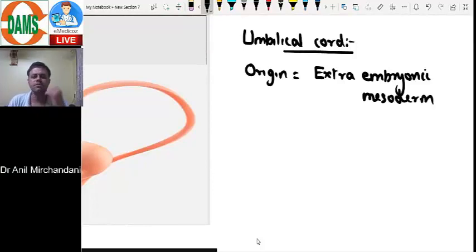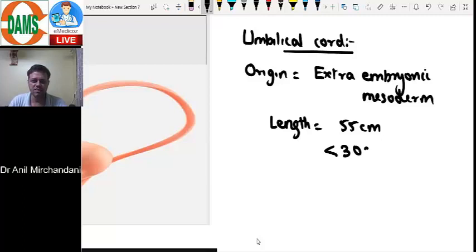It is the connecting stalk between the embryonic disc and the placenta. And then you write down the length of umbilical cord is 55 centimeter, the range being 30 to 100.